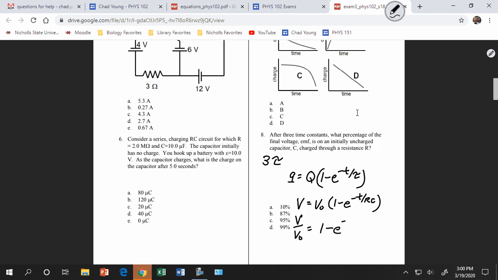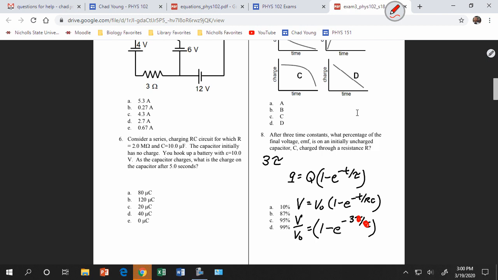That's 1 minus e to the minus 3 tau over tau at 3 time constants. Then these two taus cancel out, and I just want to know what is 1 minus e to the minus 3. e is just a number. It should be second natural log on your calculator to the negative 3.